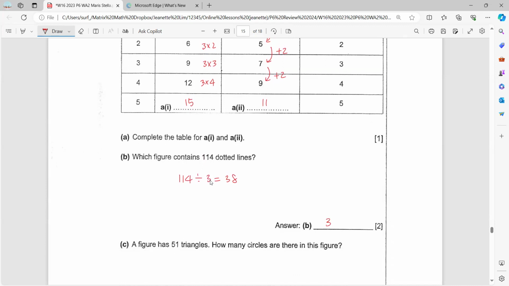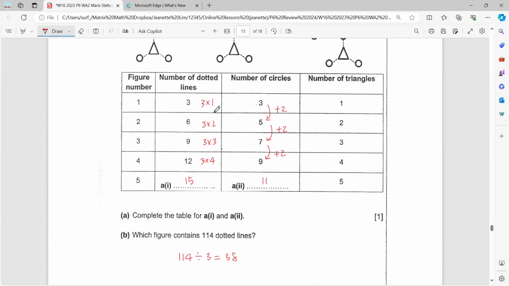Take note that sometimes it is a multiple but when you divide, they don't give you the figure number, and it's sometimes one more or one less, so you have to check. Okay, so you can take one example, 12 divided by 3, you get 4, which is the same as the figure number. Then okay, this answer is the figure number. Always please check your work, check back and see if that logic is true.